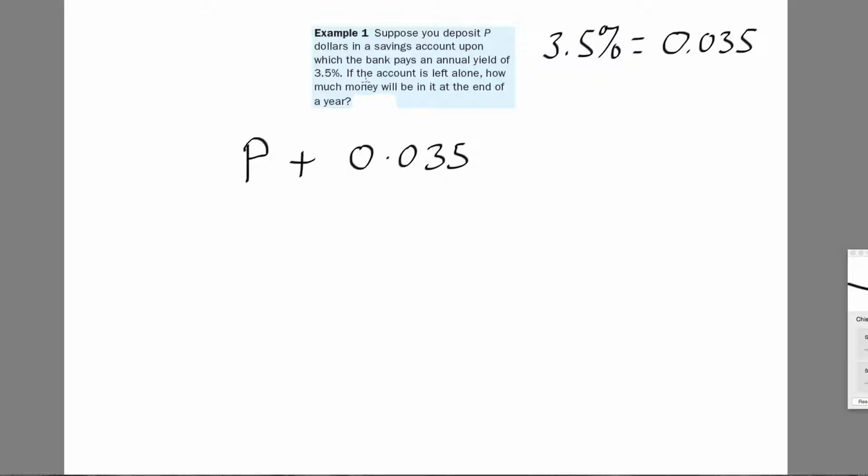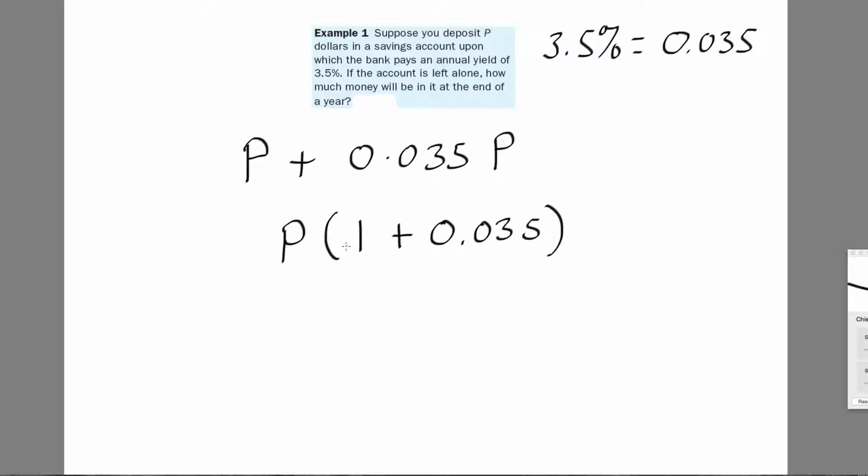The amount was there. That was P. And so this equals the total amount at the end of 1 year. Now we can simplify this because P is a factor of both terms, and this is just 1 times P. We can change this to P times 1 plus 0.035.